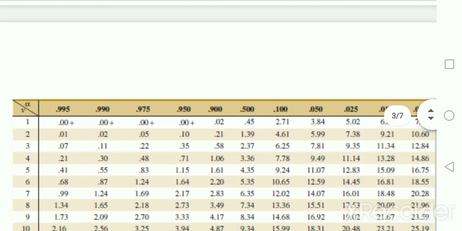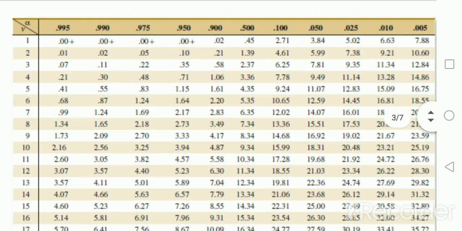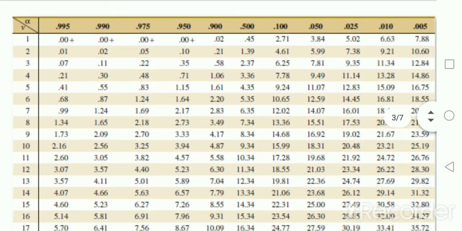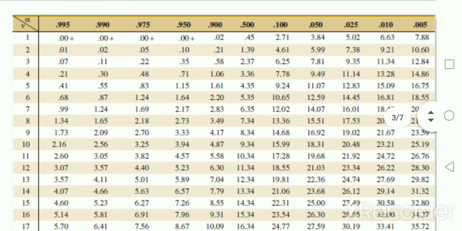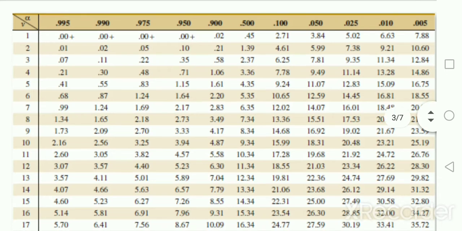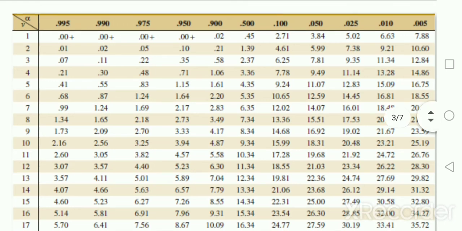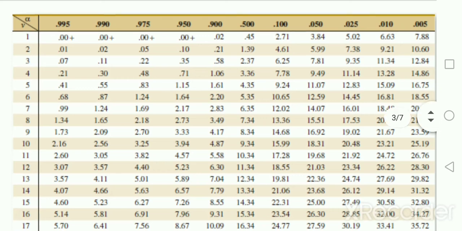Before going to the example problem, this is our chi-square table. Suppose we need alpha 0.05 with 10 degrees of freedom; here the value is 18.31. Sometimes we need alpha by 2, which is 0.025; for 10 degrees of freedom the value is 20.48.